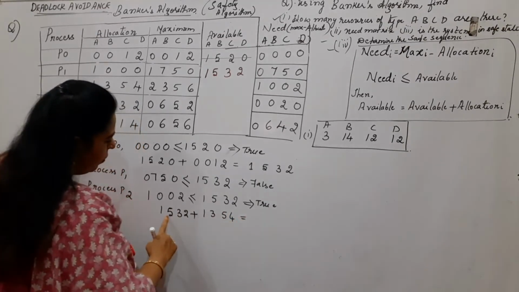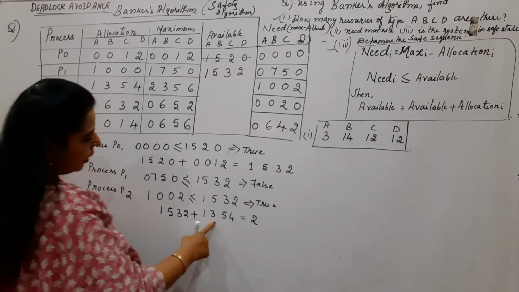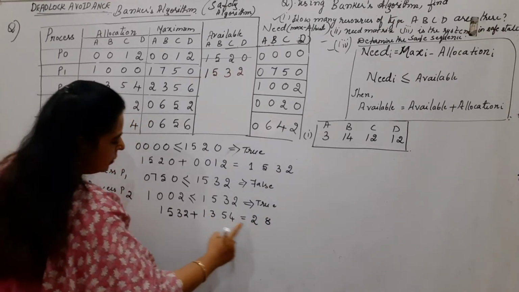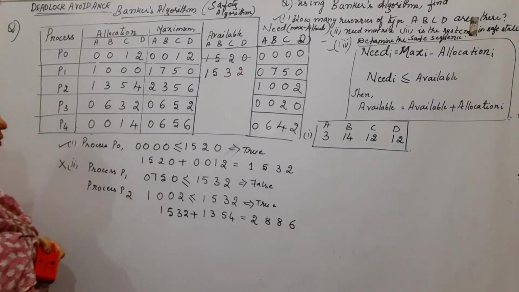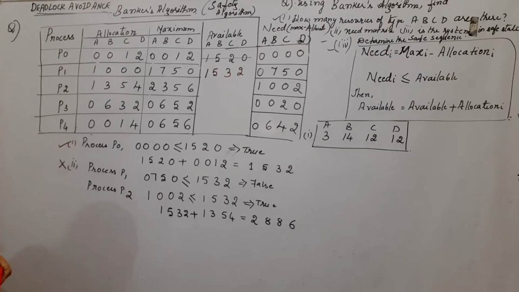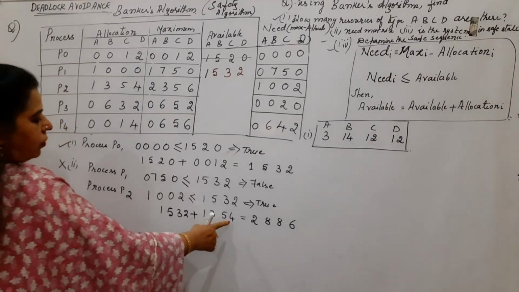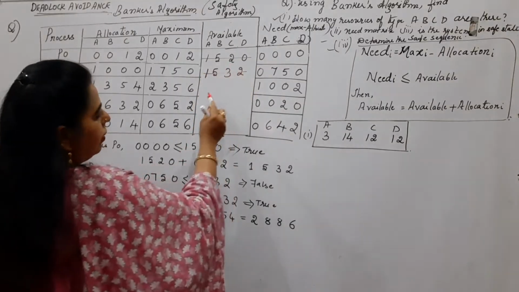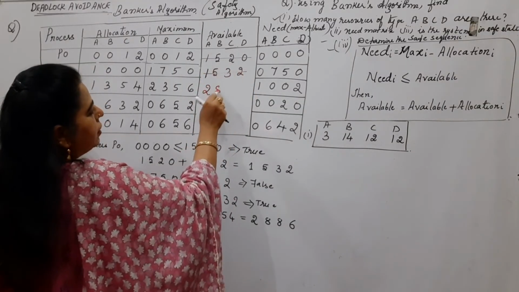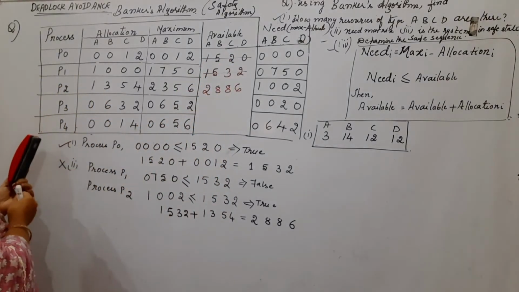The new value for available is 1 plus 1, 2, 5 plus 3, 8, 3 plus 5, 8, 2 plus 4, 6. So the updated value for available is 2 8 8 6. This way you keep on updating the values in the available matrix.